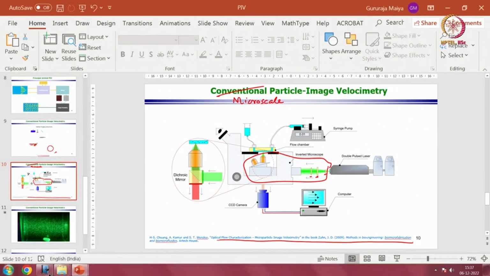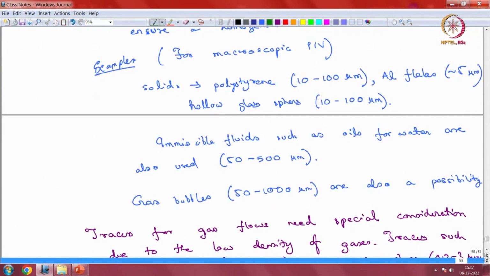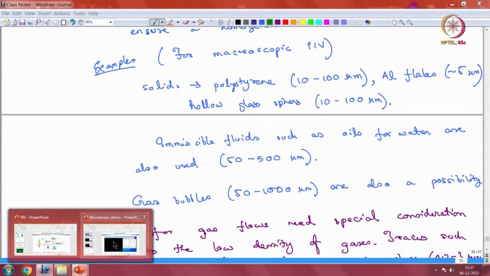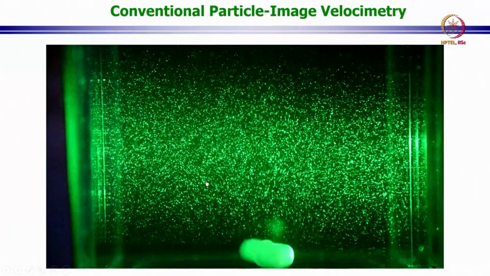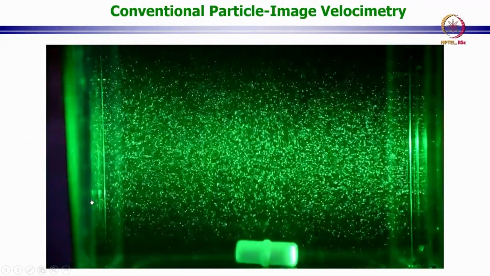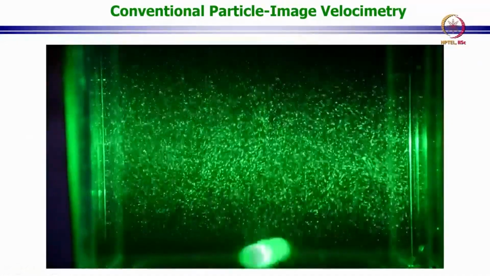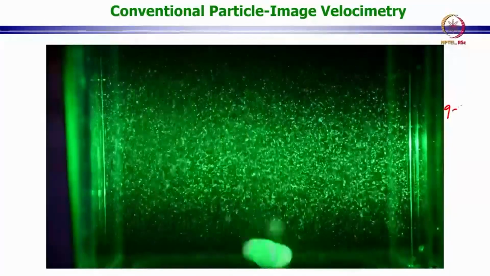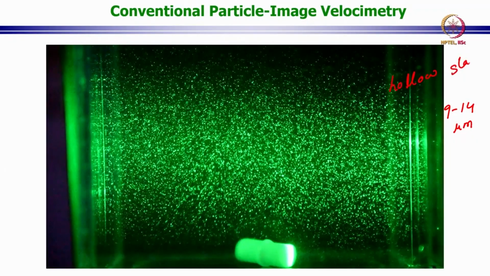So, now I will contrast this. Just here we said that hollow glass microspheres are used for macroscopic PIV. If you recall this particular video which you have already seen, this is a flow. These are hollow glass spheres of the order of some 9 to 14 microns.